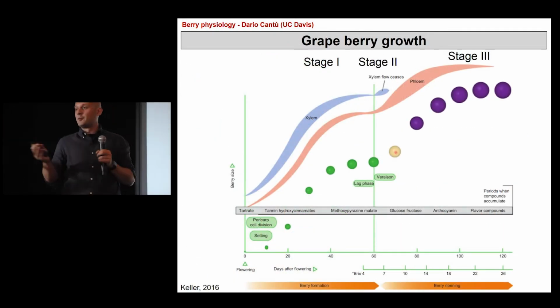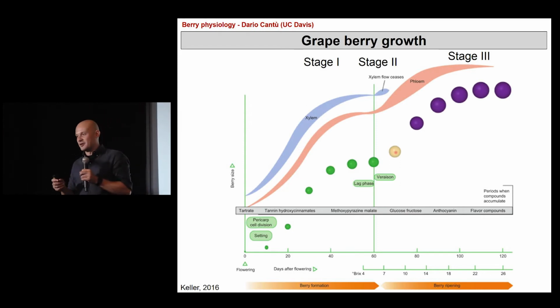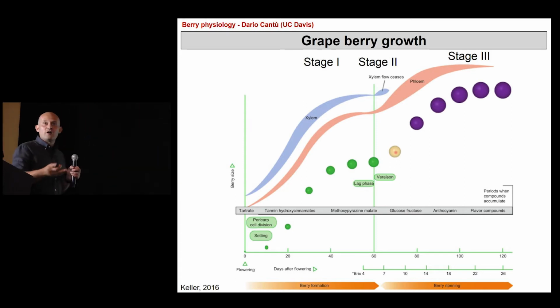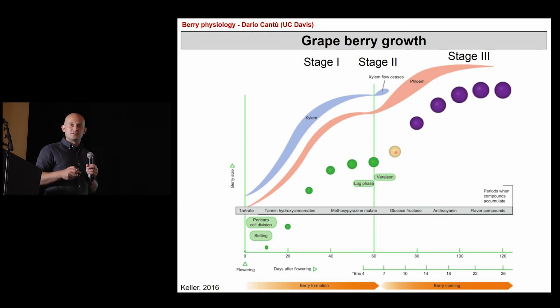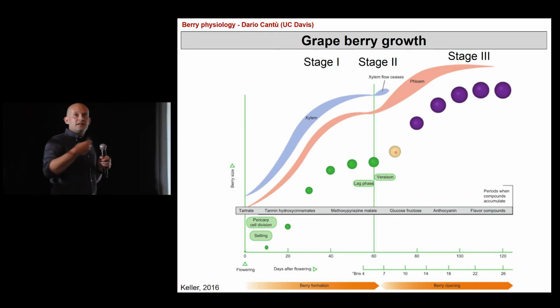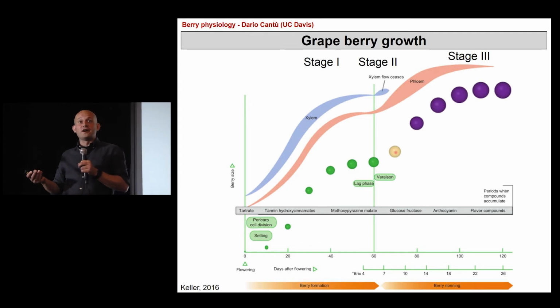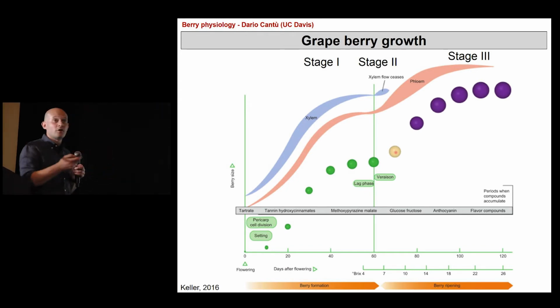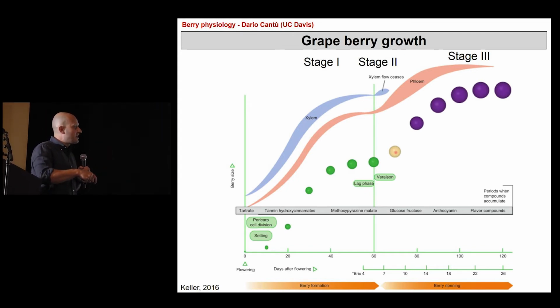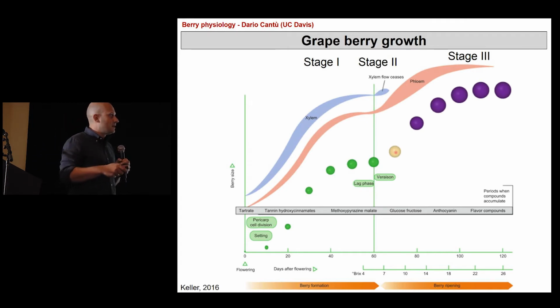Okay, so here we start with the topic of today, which is berry development and growth. You probably saw this slide thousands of times, where we show the particular pattern of growth of grape berries that follows what we call a double sigmoid curve, where you have the initial fast growth, an intermediate stage we call stage 2 of stationary growth, where nothing really happens in terms of growth, and then a stage 3 where we again grow exponentially in size.